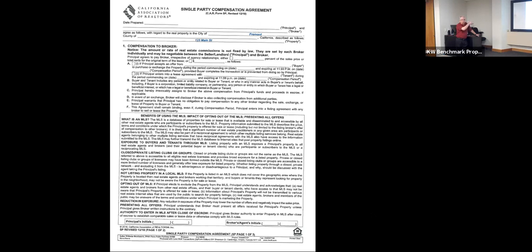This allows you to get paid if you sell the property to that specified buyer, single party. You name the buyer in this document. I've used this multiple times over the years, where a seller comes to me with a buyer. Sometimes it's a family member, and they want to sell it to the family member. And I don't use a listing agreement. I just use this agreement, just to document that I'm going to get paid for handling everything for that transaction.